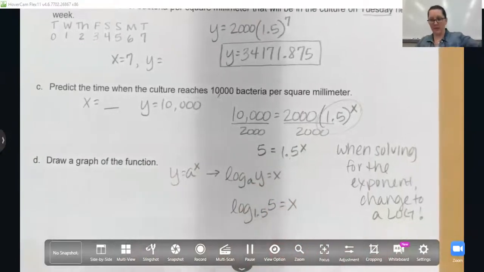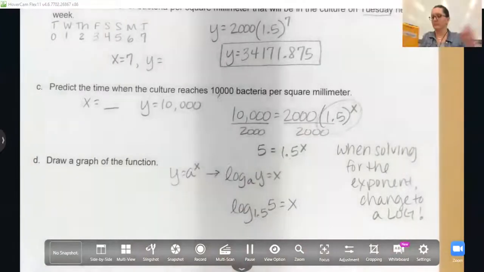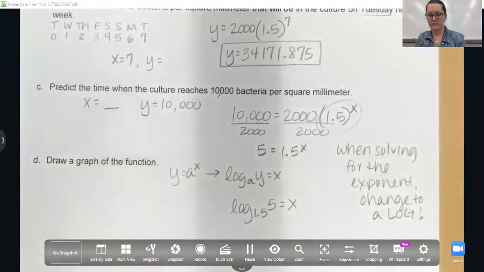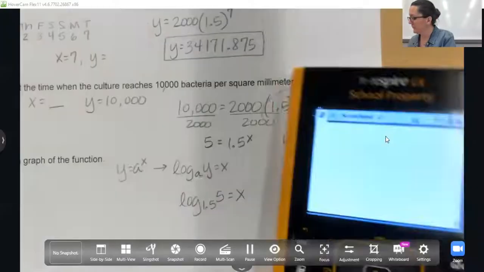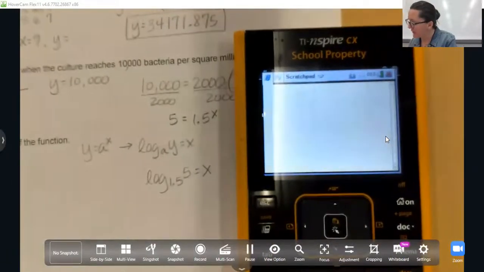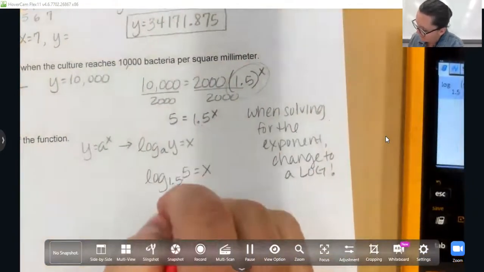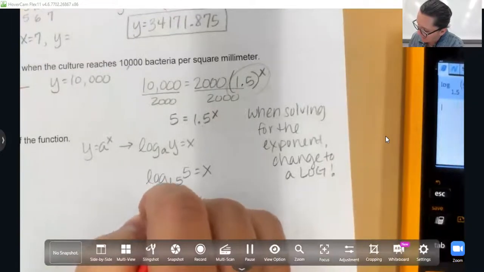So I'm going to get my calculator. Okay, sorry, that calculator wasn't working. All right, so I'm going to press control log, 1.5 is my base, arrow over to get that 5. And my number is 3.969. So x equals 3.969.